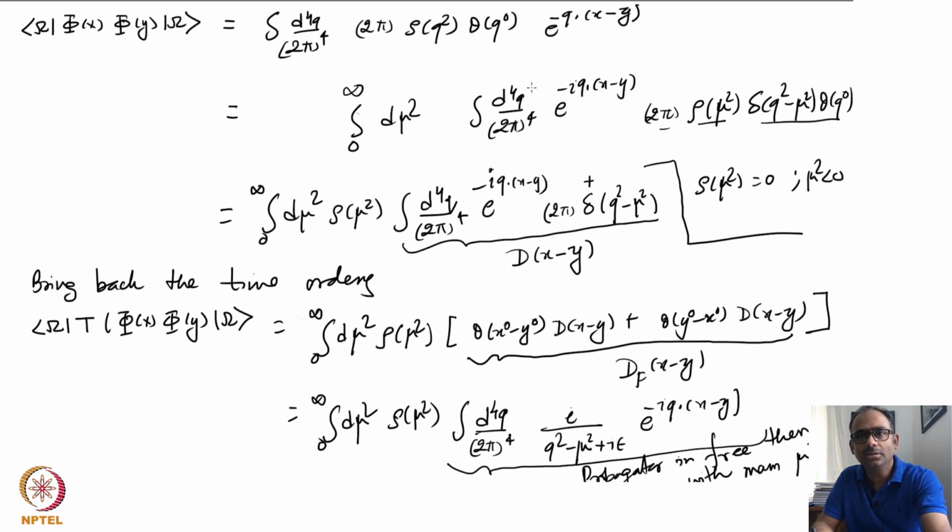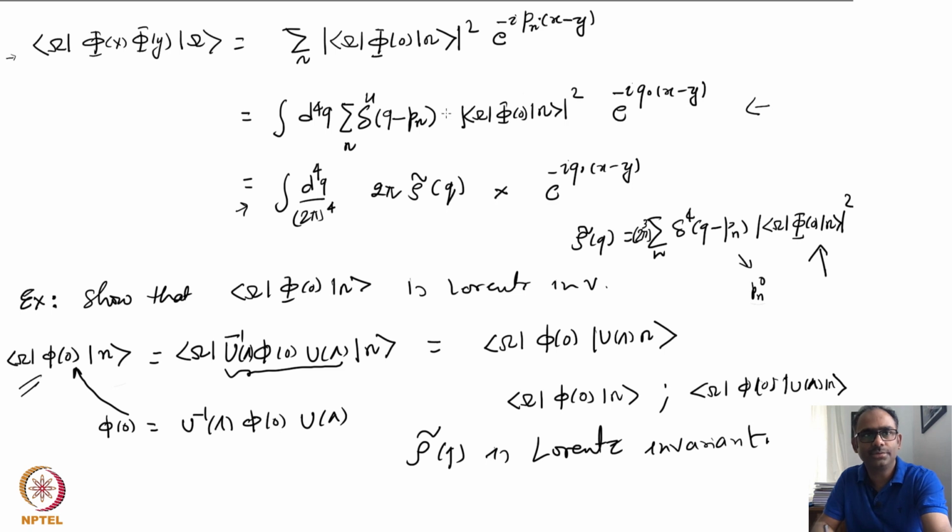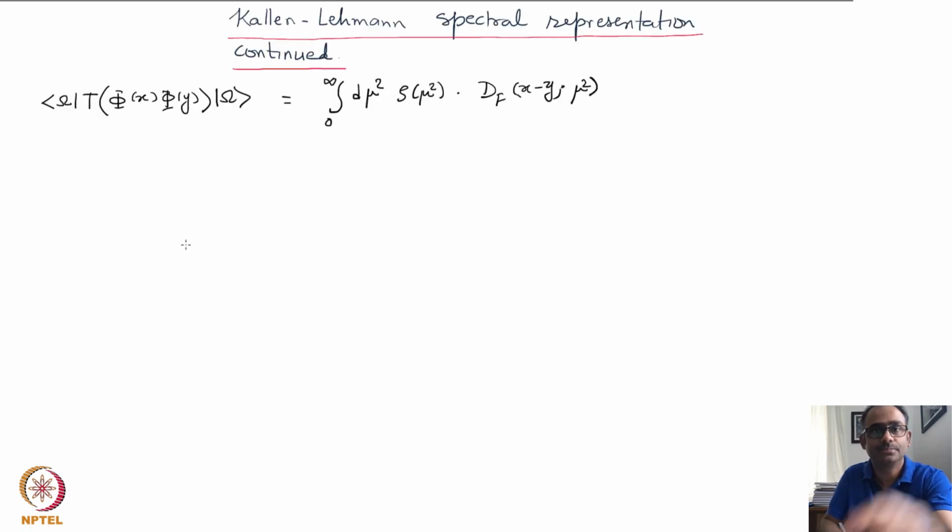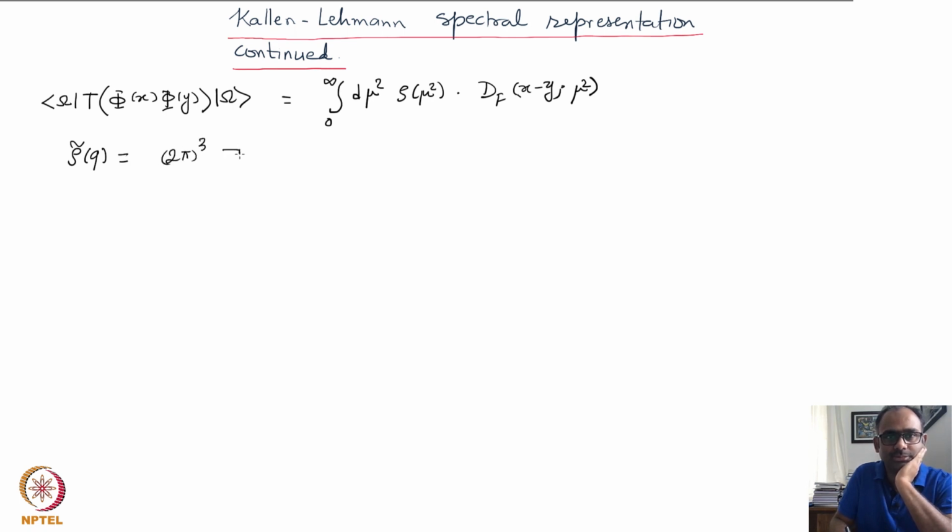Also, let me write down the definition of rho tilde of q. Rho tilde of q is 2 pi cube times a sum over all the states in the physical theory.